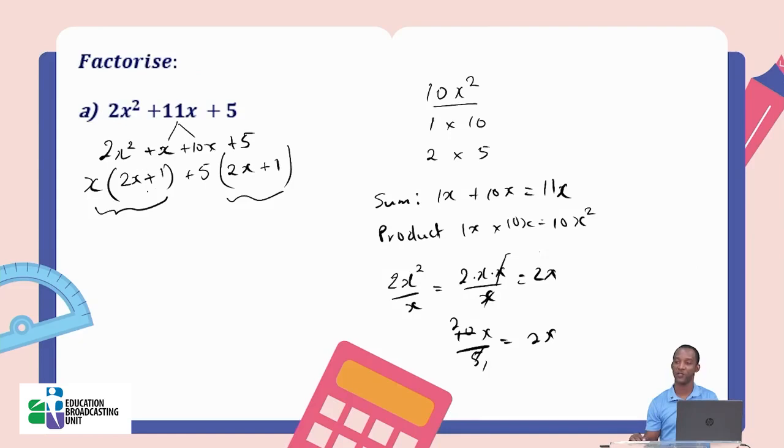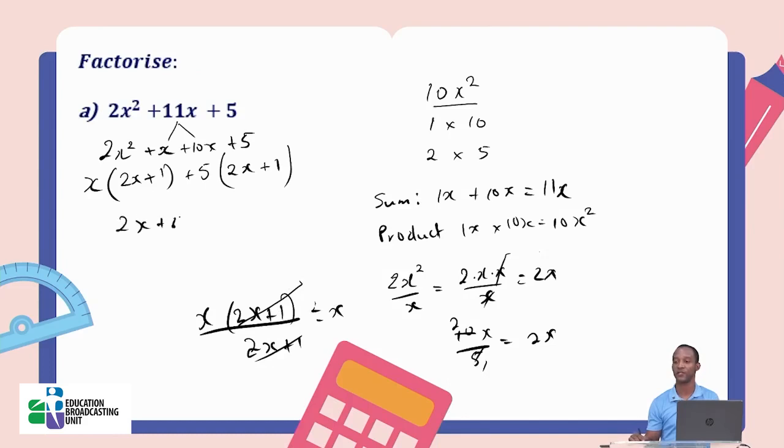But if we look at both of them, what is common? Well, 2x plus 1. So what we're going to do is factor out that 2x plus 1. So if we have x multiplied by 2x plus 1, and we factor out the 2x plus 1, we'll be left with x.